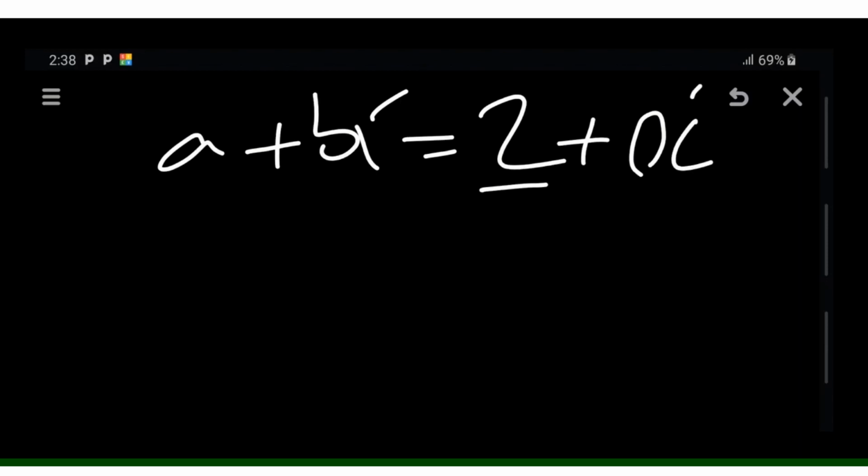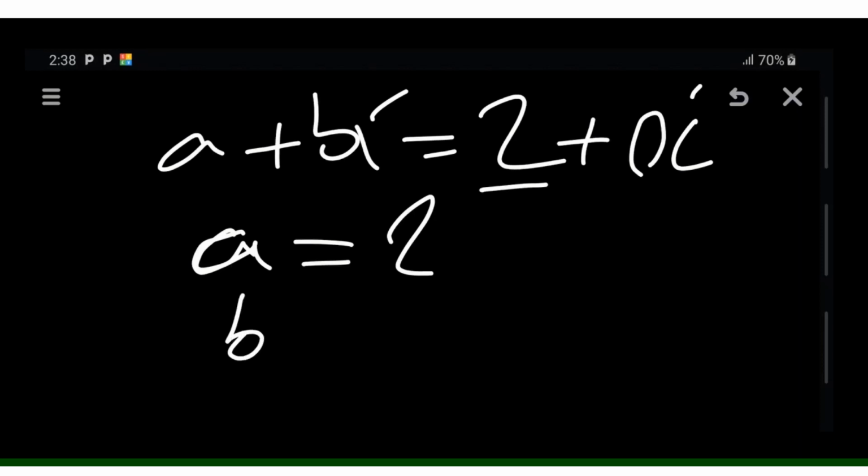From here I equate real value to real value, imaginary value to imaginary value. So my real value is equal to 2 and my imaginary part is equal to 0.